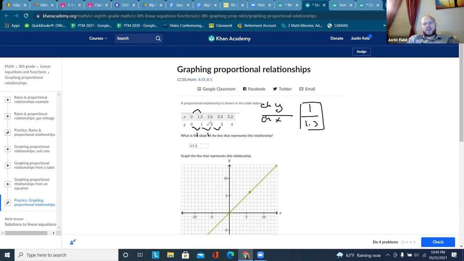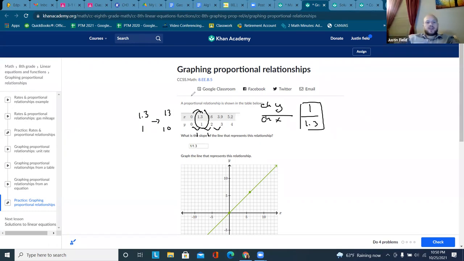So when I'm looking at these, I can multiply by 10 and move the decimal point over 1. So when I see 1.3, that means that there's another point on this line, 10, 13, right? Can I graph 10, 13?